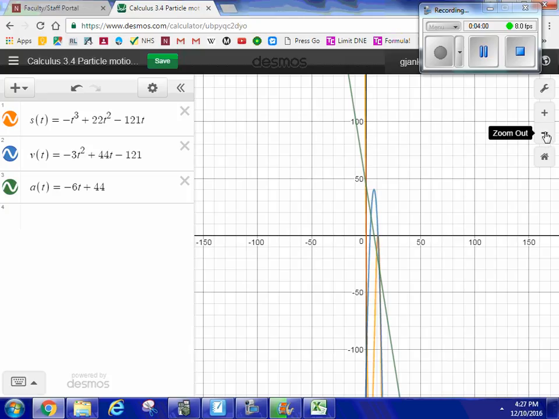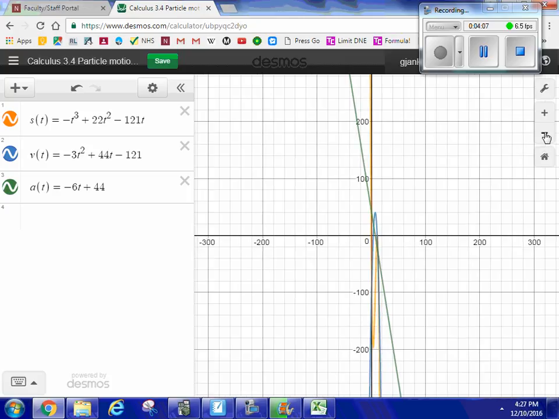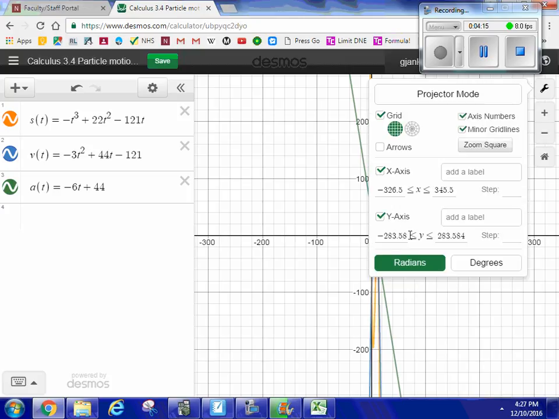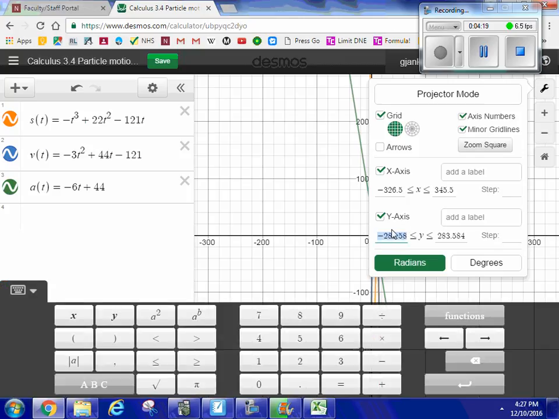And then the cubic graph, that's the orange one, my position function, looks like that turns around at around -200. So I'm going to use those as my settings. I'm going to say my y-axis, let's take it up to 50. And on the negative side, I'm going to go to like -250.